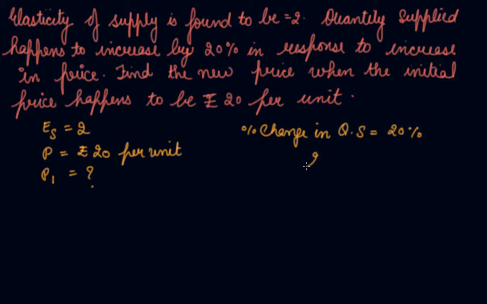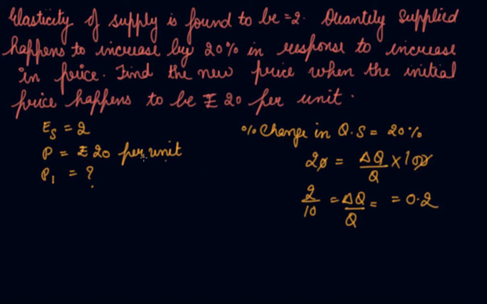So the formula to calculate is change in Q divided by Q into 100. So we can find out 20 divided by 100 is your change in Q by Q, that is 0.2. Now the elasticity of supply is equal to P by Q into change in Q by change in P. Elasticity of supply is given 2, P is given 20.